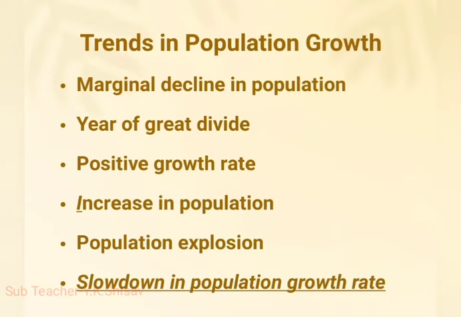And last one, slowdown in population growth rate 2001 to 2011. There is an indication of a slowdown in the growth rate of population from 1.9% in 2001 to 1.4% in 2011. This shows that the average annual growth rate is in decline.